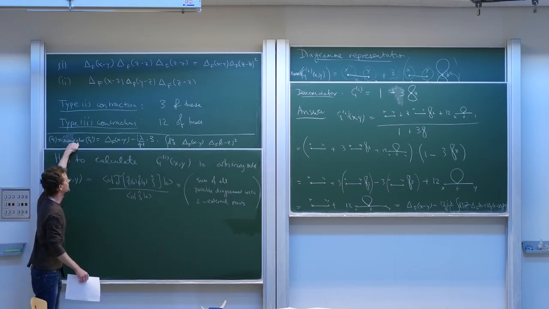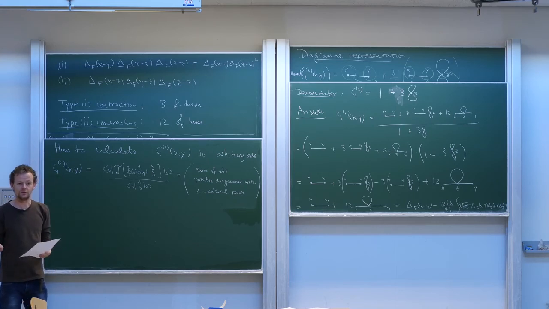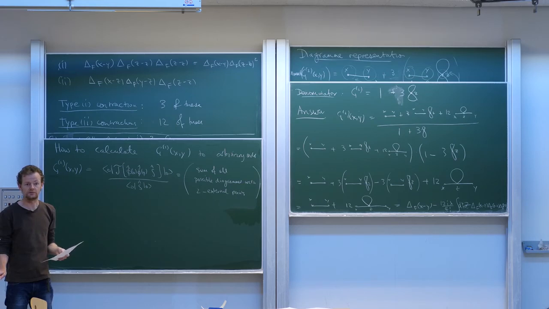It's not trivial, what I'm about to write down, and I'm not going to prove it in this course. That's the hardest part of the combinatorics that we are not going to prove.